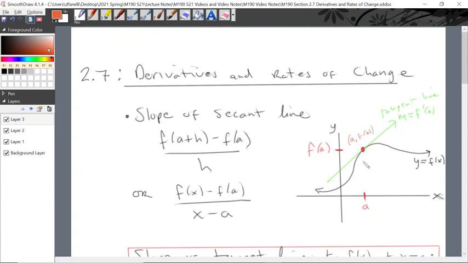How can we write the equation of the tangent line now? This goes back to algebra. In algebra, if we had an x value and a y value and we knew the slope, then we could write the equation of the line.